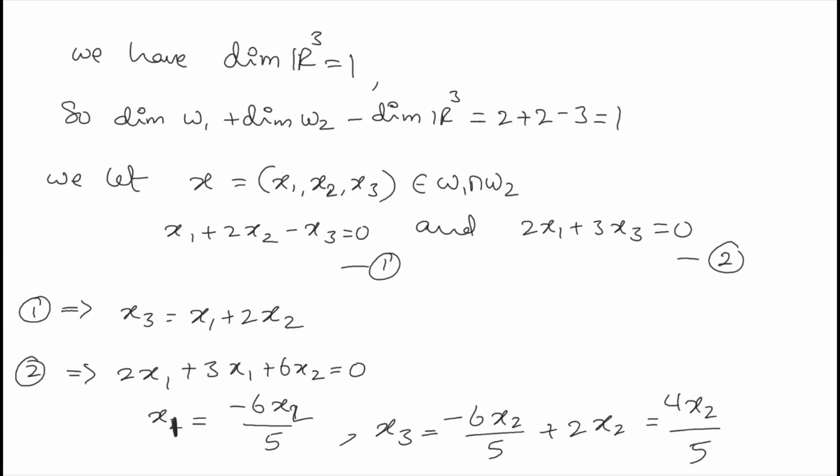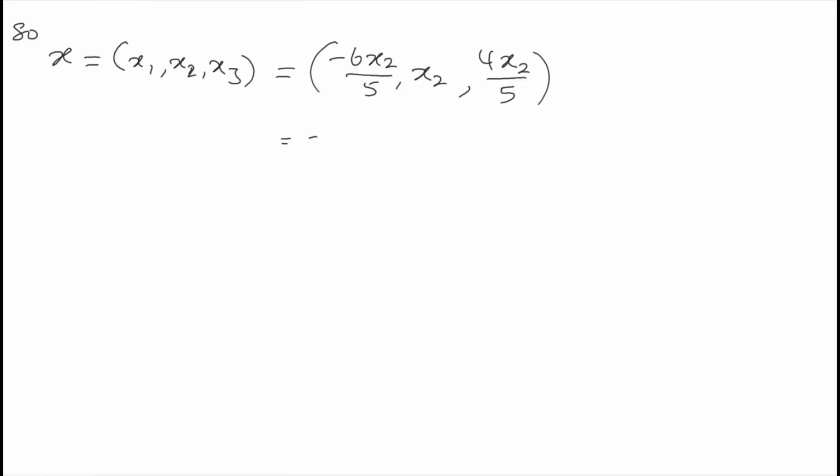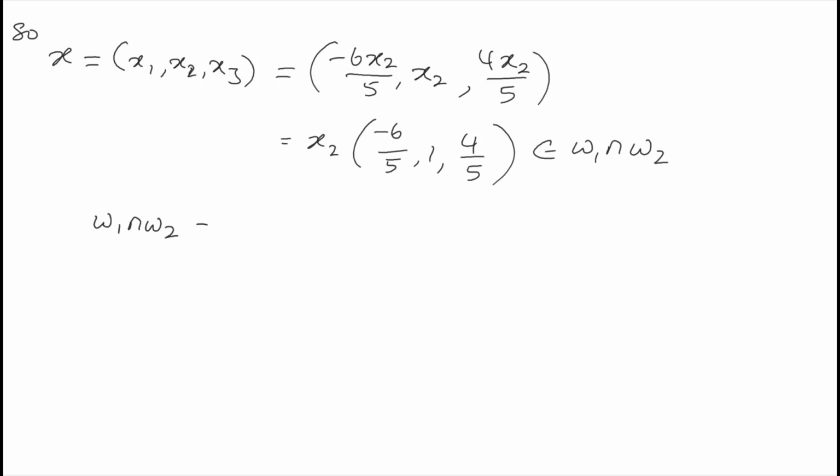So we can write this vector as x2 times (-6/5, 1, 4/5), which is in W1 intersection W2. That means any vector x in the subspace W1 intersection W2 is generated by the vector (-6/5, 1, 4/5). So we can say W1 intersection W2 is the subspace generated by the vector (-6/5, 1, 4/5).